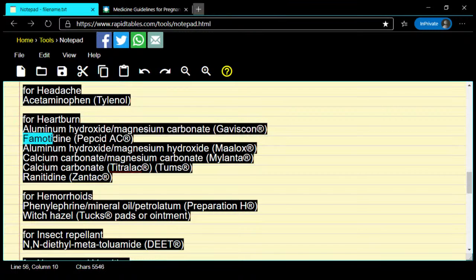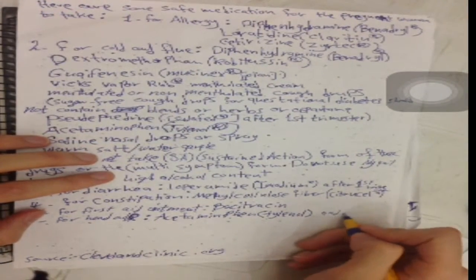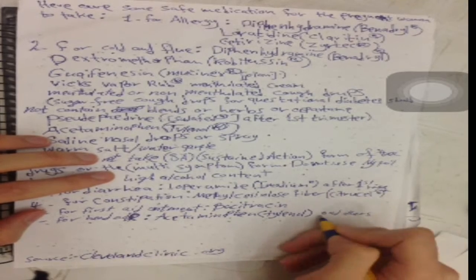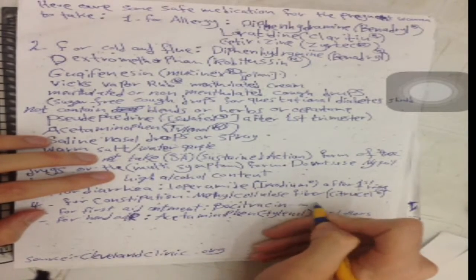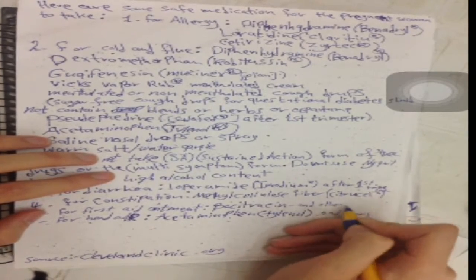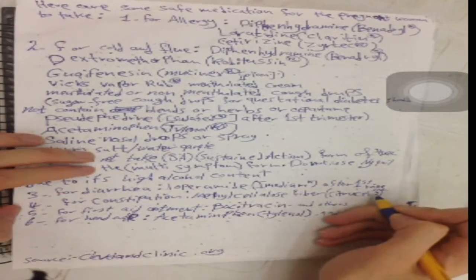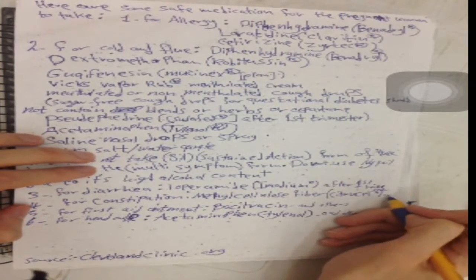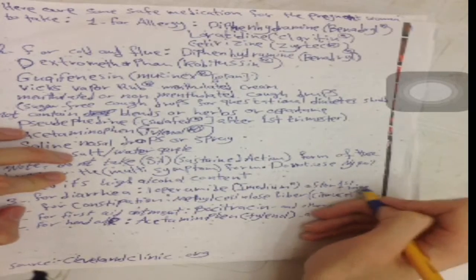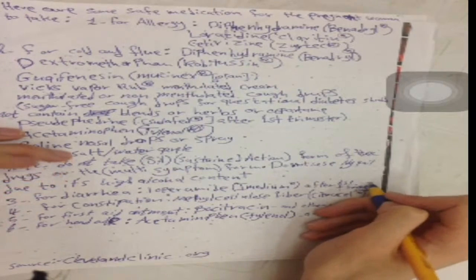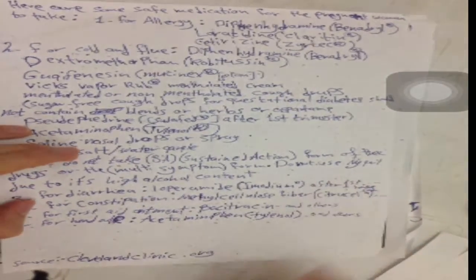We would write famotidine, Pepcid, and others, so that it is clear there is more than only these drugs.